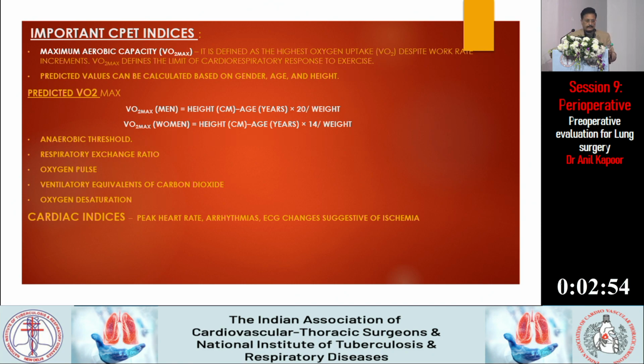We can calculate predicted VO2 max on the basis of height, age, gender. This is the predicted value, how much it should be. But you calculate actual values on CPET and you compare the two.